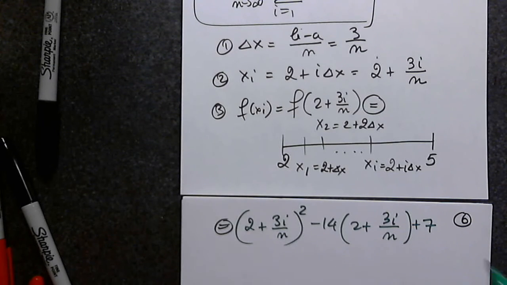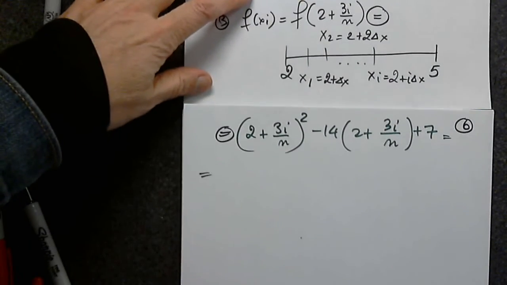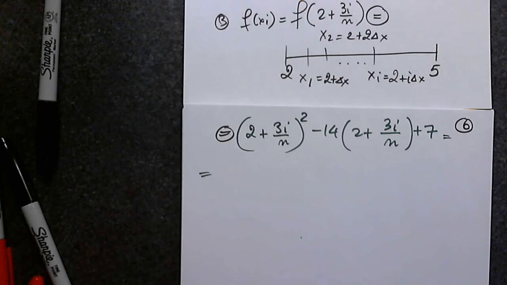Perfect. So now I have to simplify this to the core before I put it in the limit, because otherwise I'll have difficulties. Now, if you find a different method and this is easier for you, please use it. But I prefer simplifying it to the core here. Maybe you can separate.